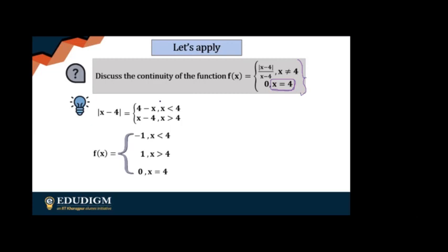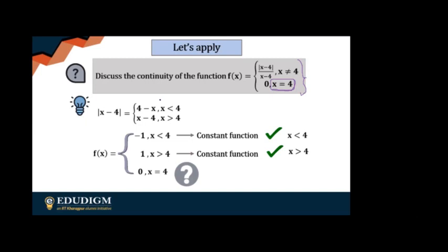Once you're done with this, you just look at one thing. This is something we are going to be talking about in general. A constant function is everywhere continuous. Similarly, this is also a constant function. This is a standard result. So if you look at the first two parts, it's continuous, so it's perfectly all right for x less than 4 and x greater than 4.